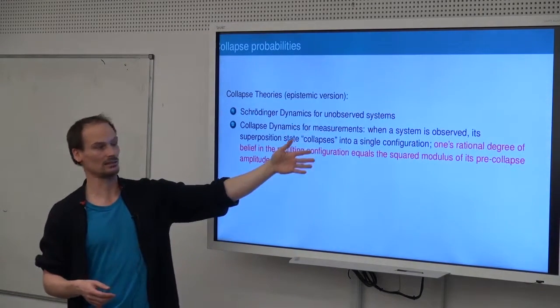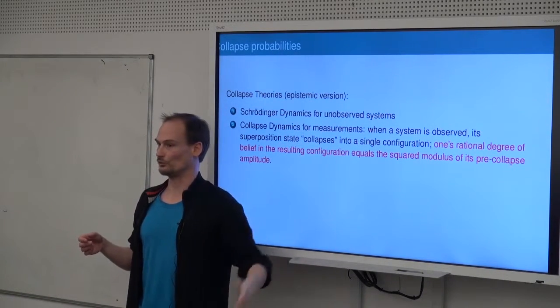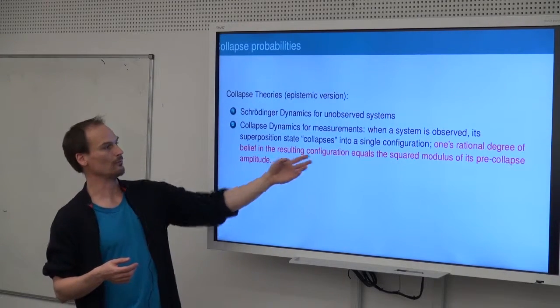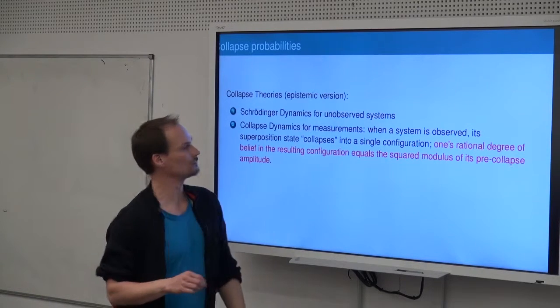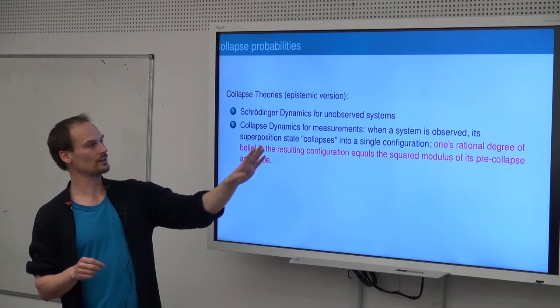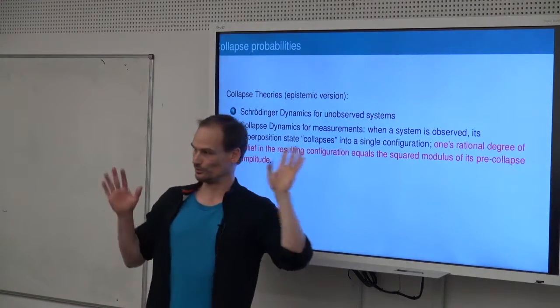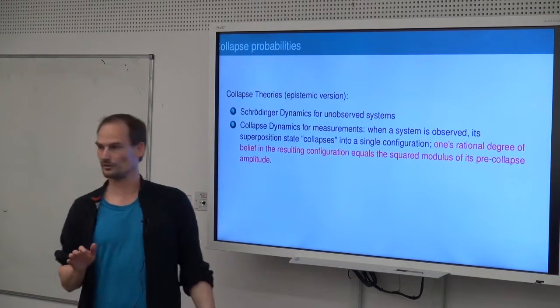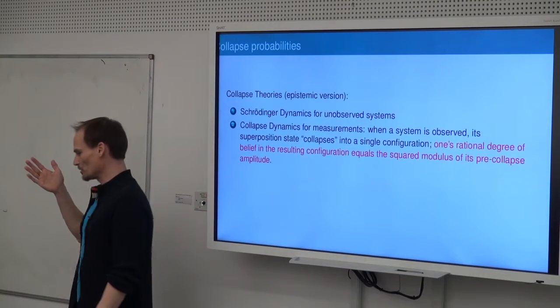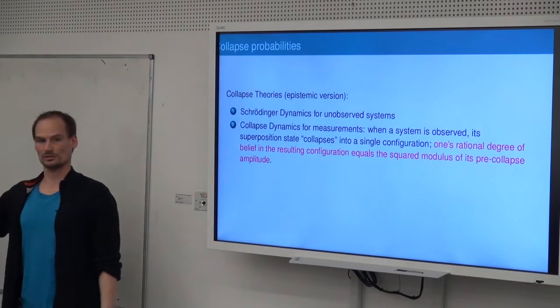Somebody who has no idea of quantum physics, it would be weird if their degree of belief matched the squared modulus of the pre-collapse configuration. So presumably what we mean here is that we're considering an agent who knows the rules of quantum physics, who knows the previous state of the system before it collapsed, but who does not yet know the post-collapse state, right?